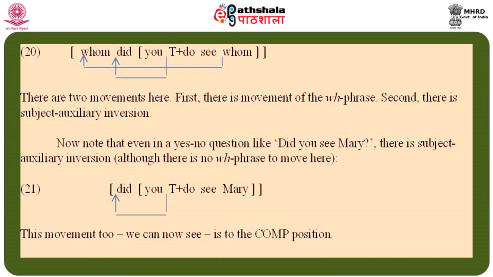There are two movements in this sentence. First, there is a movement of the WH phrase, whom. Second, there is subject auxiliary verb inversion. So the verb with the tense is moved to the beginning of the subject position.